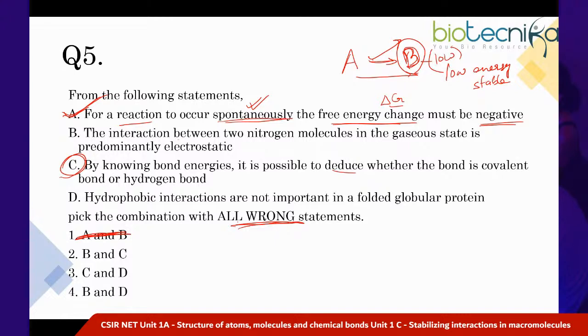Energy is lost. When we say delta G, delta means the change in energy. So change in energy, if we say negative, it means the energy is lost. Yes, tell me. If we know the bond energies, is it possible for us to find out whether the bond is covalent or hydrogen? Can we tell the difference? Yes or no?